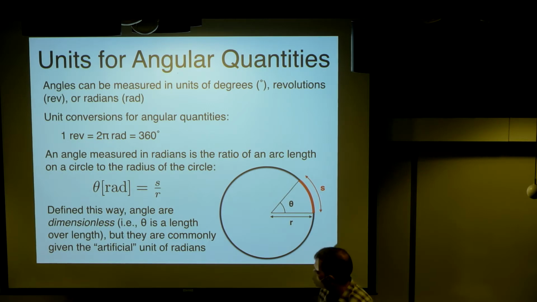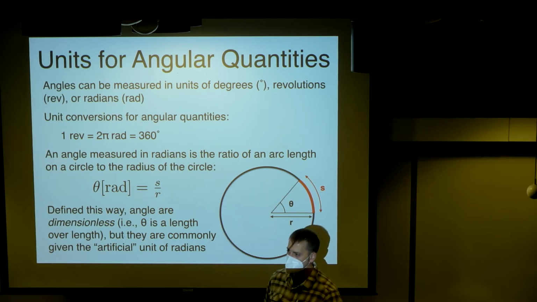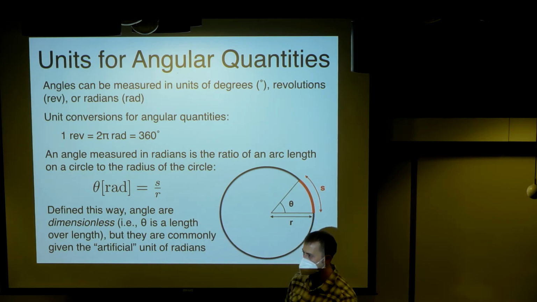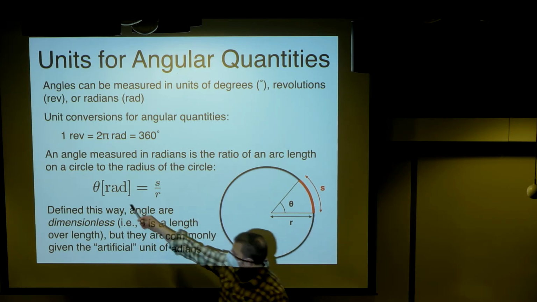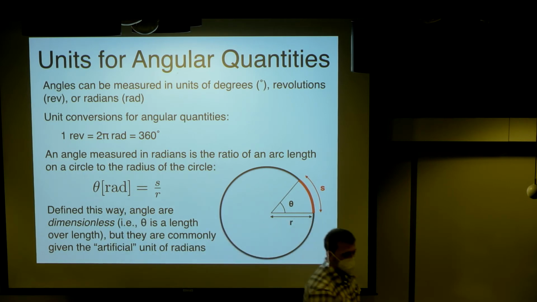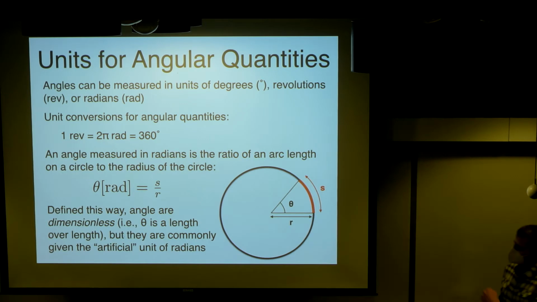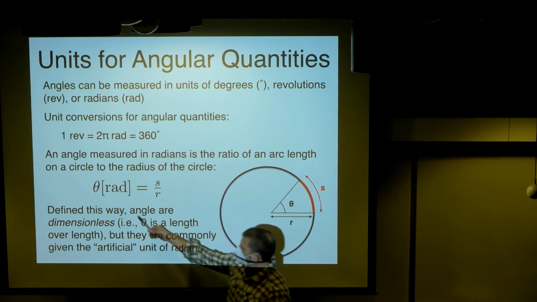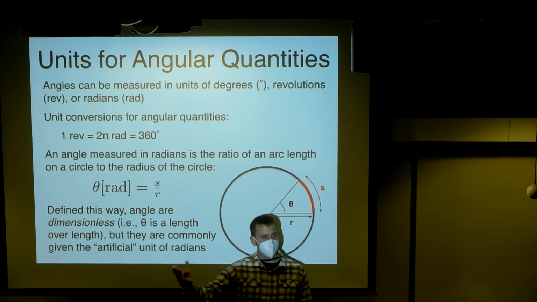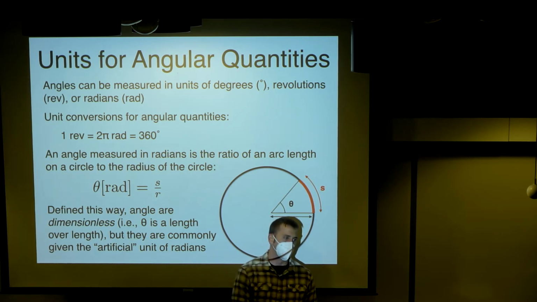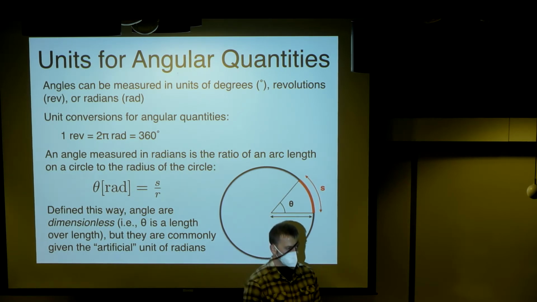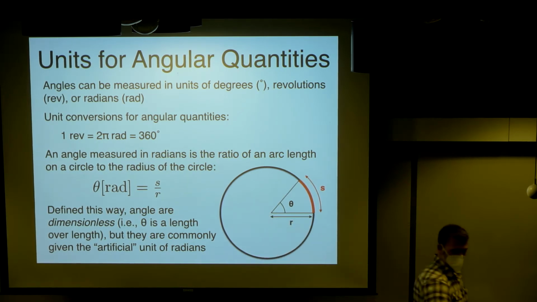So if I take like 2 meters divided by 1 meter, I just get the number 2. It doesn't have any units attached to it, okay? So technically speaking, this way of defining an angle gives us a dimensionless quantity with no units. But we just tack on radians to remember that we're not talking about degrees and we're not talking about revolutions, just so we don't get the units screwed up, okay? We all good on that? Okay.